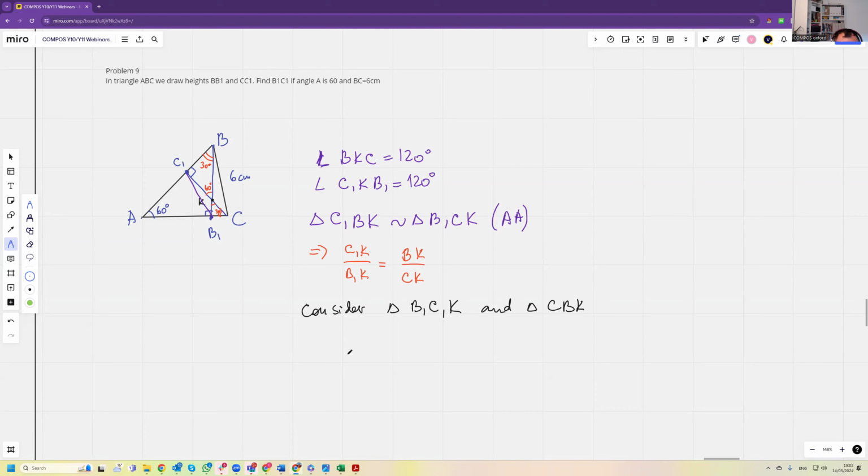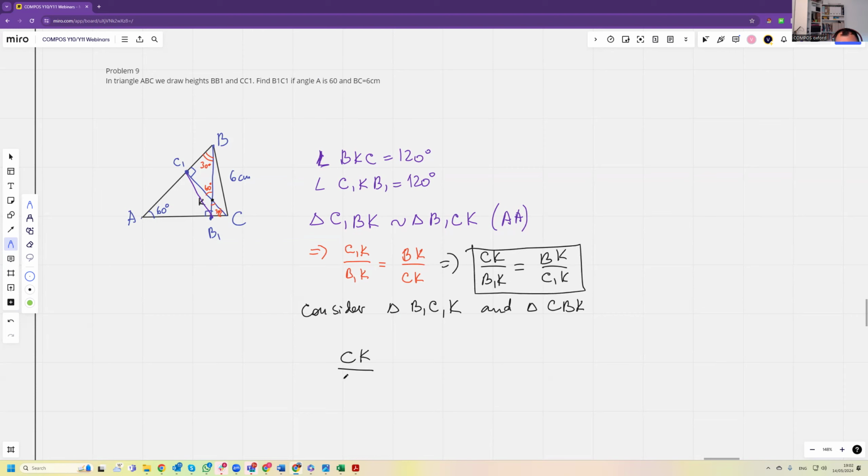We know that, so from here we can write that CK to B1K is equal to BK to C1K. I'm just rearranging this.